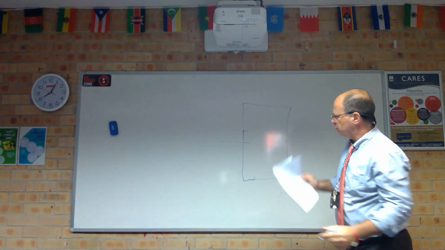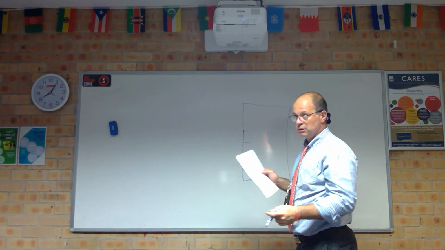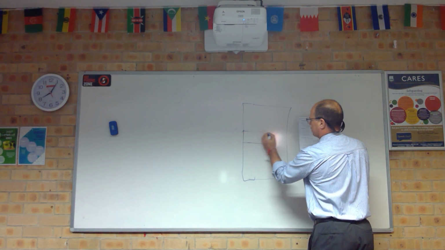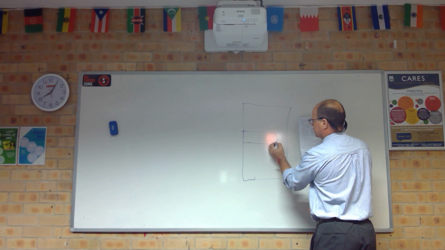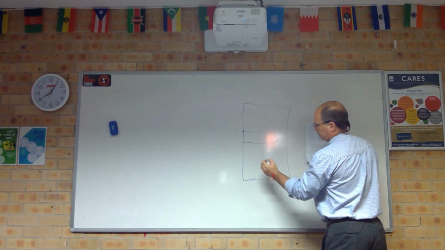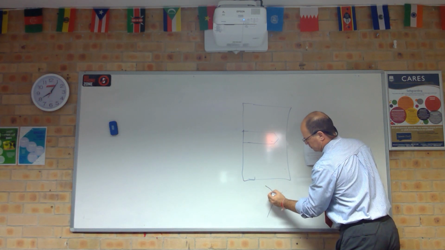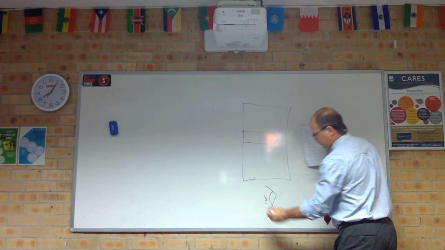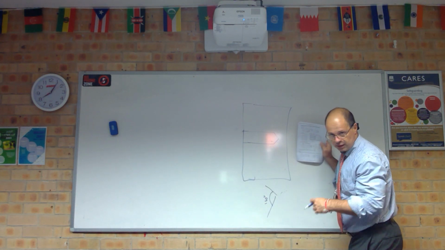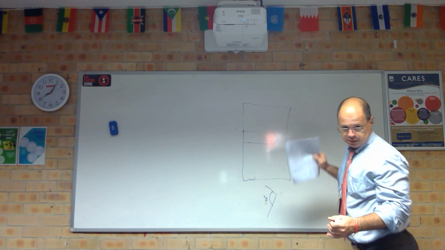So when we drill into the material, what's going to happen is, when we get to the bottom of the hole, it's going to be shaped, and the triangle's at 120 degrees. That's 120 degrees conventionally.